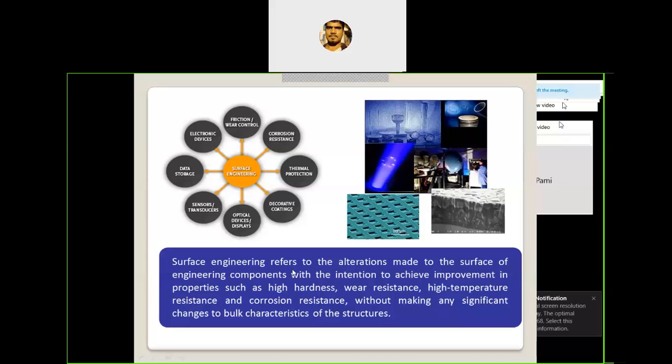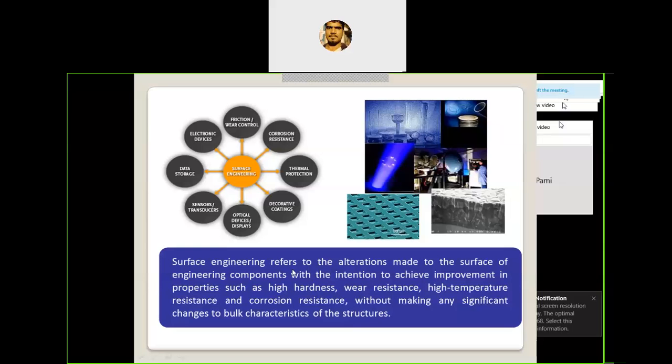If there is more hardness, it will increase the load carrying capacity of the component. That is what we already discussed in bearing materials. If the material is harder, it will increase the load carrying capacity of the bearing. Next, it also increases wear resistance, high temperature resistance, corrosion resistance. These all make significant characteristics to build a structure.